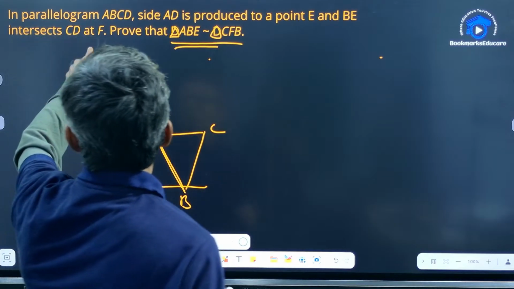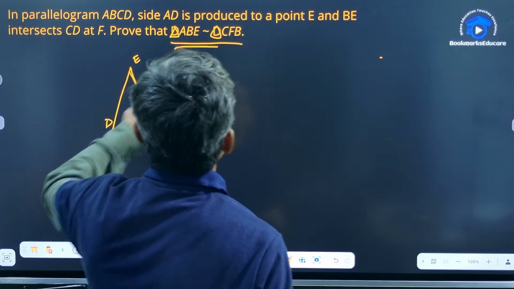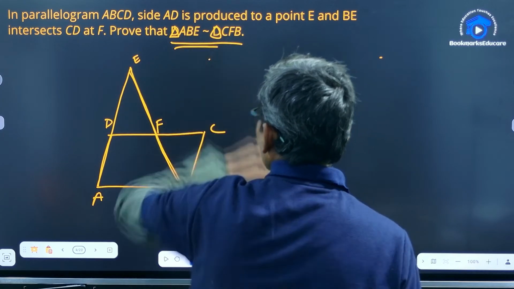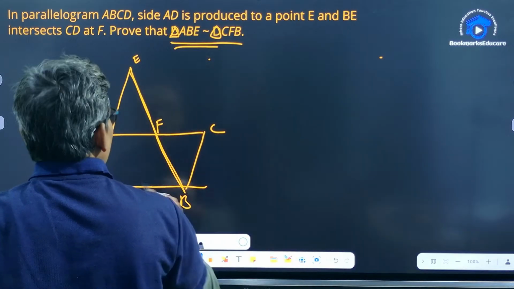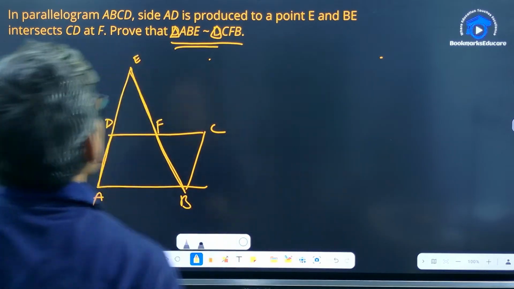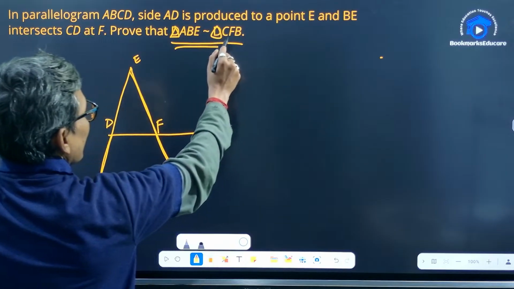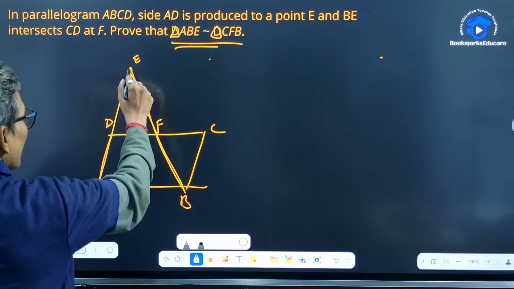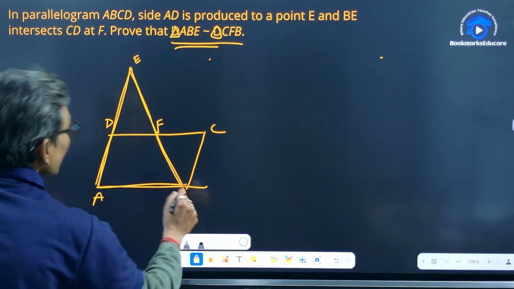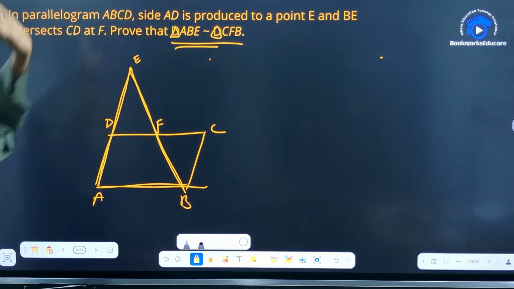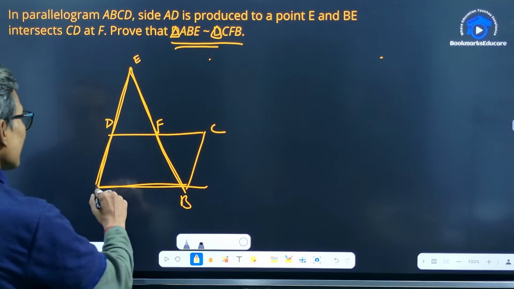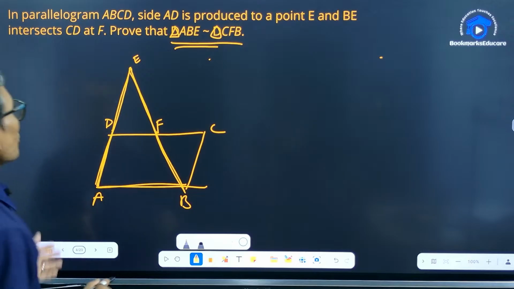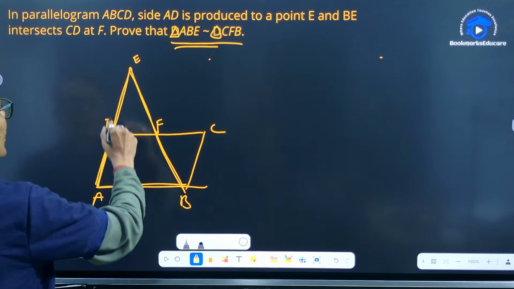So triangle ABE, triangle CFB. Okay, because AD is produced, the direction should be toward D.